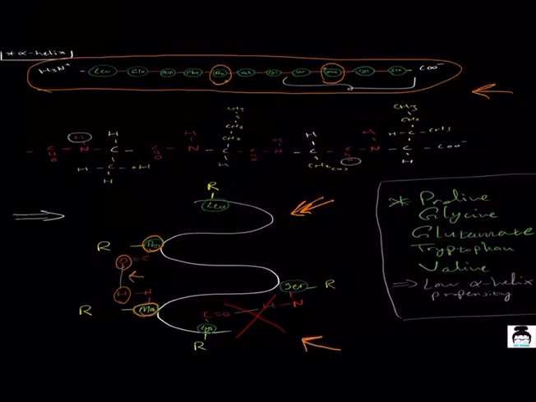Notice how here I've drawn an X, because this bond shouldn't exist. Because first of all, lysine isn't on the side. Only amino acids on the side over here, over here, over here, and over here can form hydrogen bonds. Leucine is not on the side, so it cannot form hydrogen bonds.